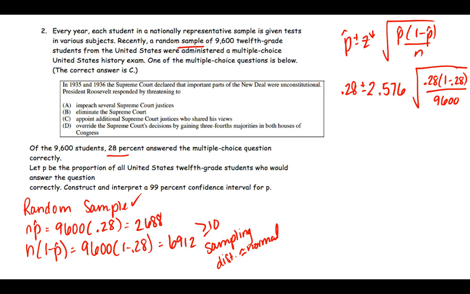So if I take that radical and take 0.28 times 1 minus 0.28 over 9,600 and take the square root, I get about 0.0046. Which I then need to multiply by my critical value. So times 2.576, I have 0.28 plus or minus 0.0118.